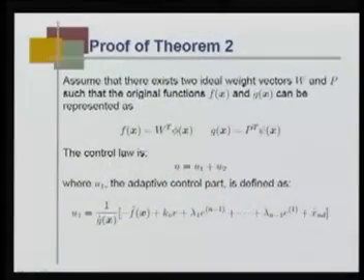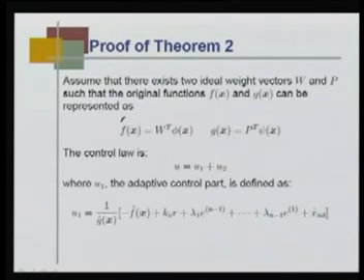The proof of theorem 2 is in a similar way. Again assume that there exist some optimal weights w as well as p, such that f x can be exactly written as w transpose phi x, and g x can also be written as p transpose psi x. The control law is u equal to U 1 plus U 2, where U 1 is the adaptive control part defined by this particular term, because here f x and g x are updated.